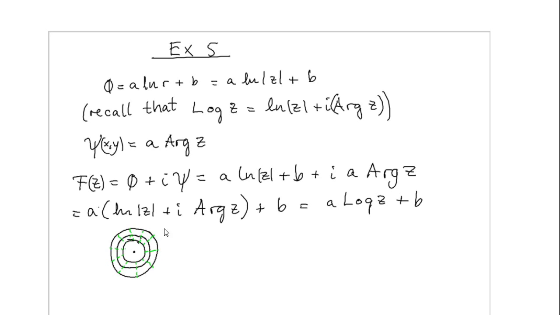And we know that the argument of z is constant on these green lines, because the argument of z is just equal to the angle between the real axis and any straight line in this direction, in the angular direction.